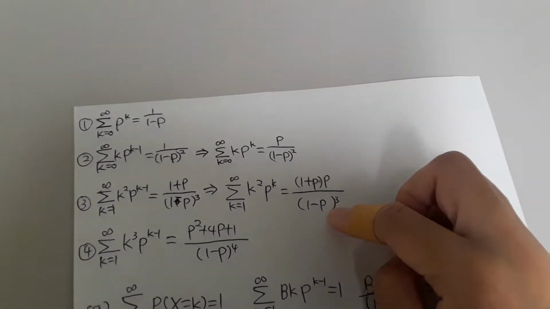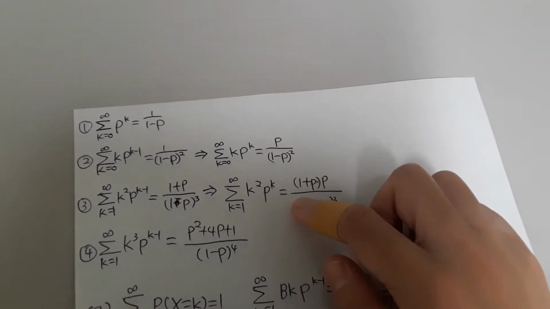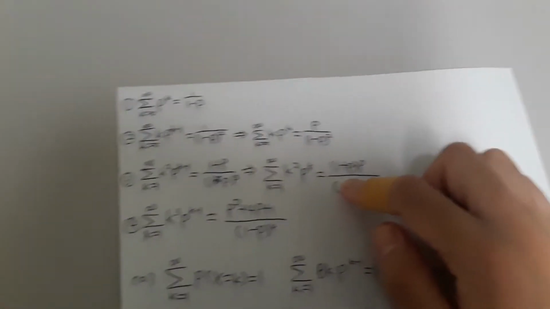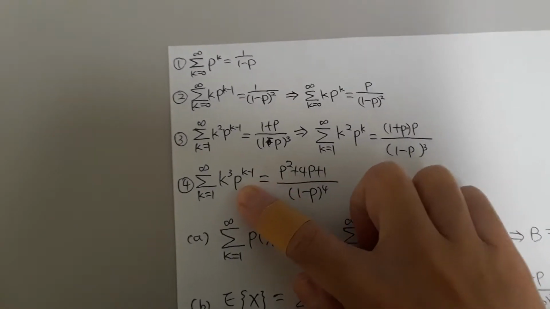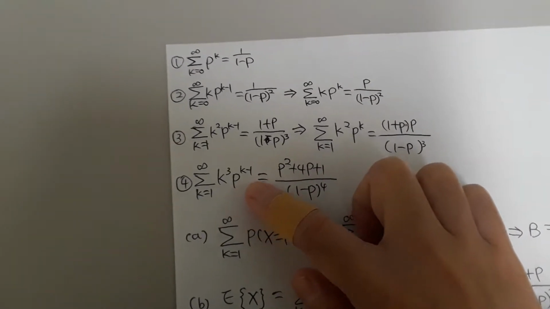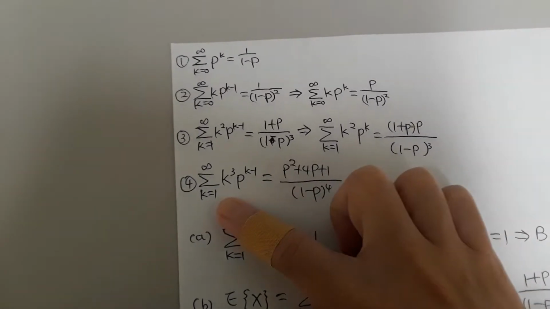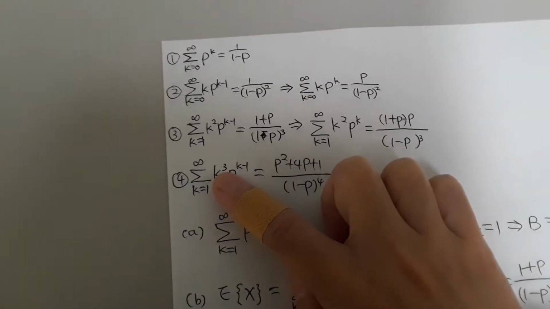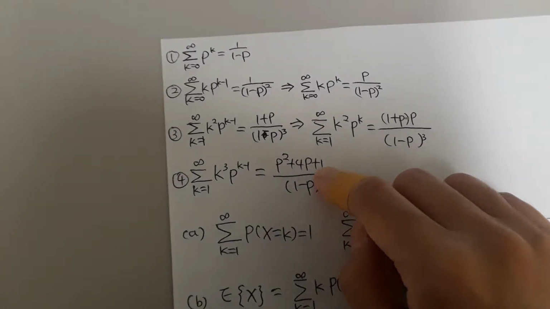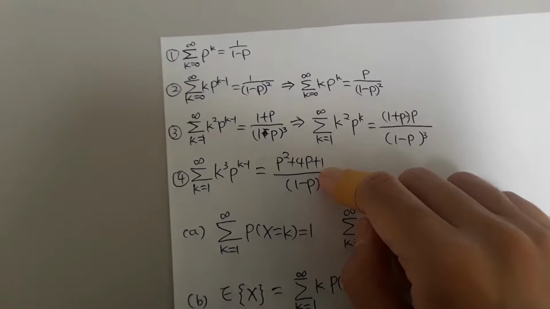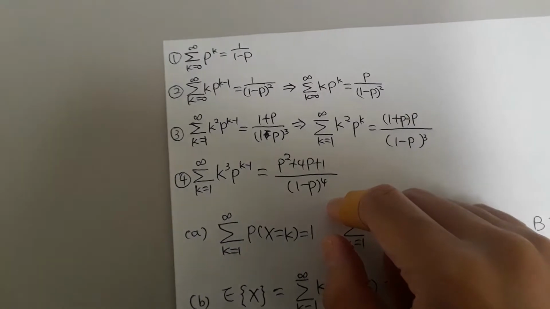Right now, if I also conduct a differentiation with respect to p on both sides, then I will get the sum of k to the power of 3 times p to the power of k minus 1 from k equals 1 to infinity equals (p squared plus 4 times p plus 1) divided by (1 minus p) to the power of 4.